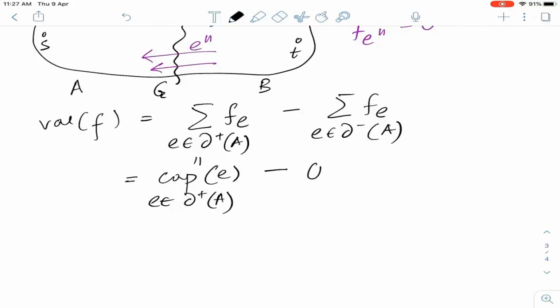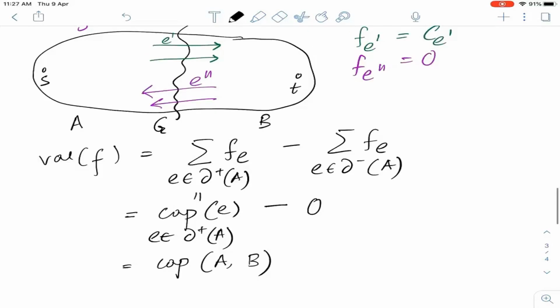So this is this minus 0. By definition, this is exactly the capacity of this cut. The total capacity of the green edges by definition is the capacity of the cut A comma B.